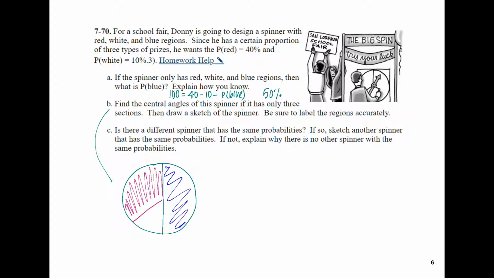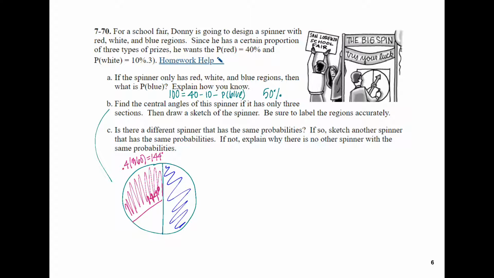So for our red area, we would want to take 0.4 because it's 40%, multiply that by 360 degrees, which would tell us that the red area is 144 degrees.